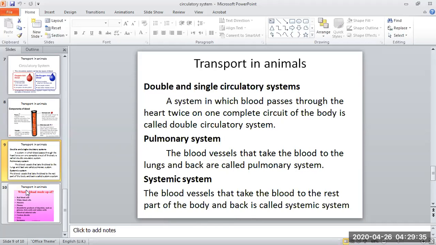In the pulmonary system, the blood vessels take blood to the lungs and back, called the pulmonary system. And in the systemic system, the blood vessels take the blood to the rest of the parts of our body and back, called the systemic system.